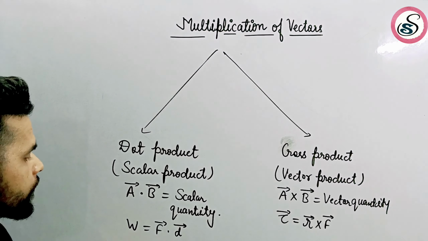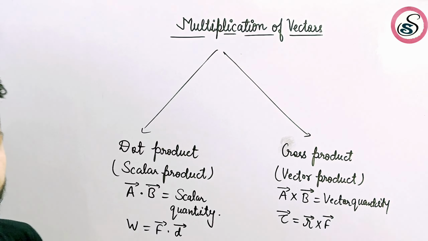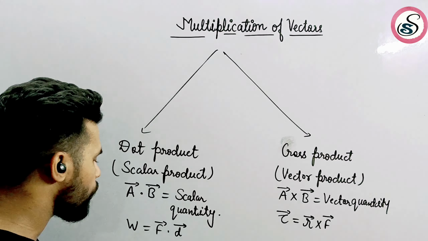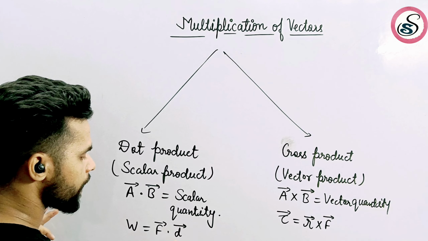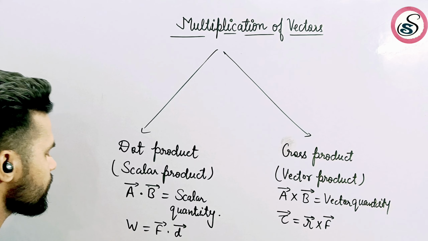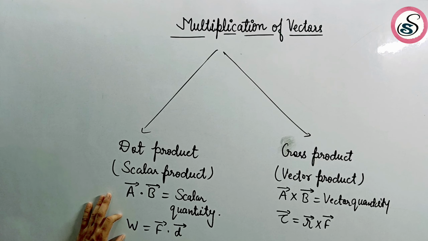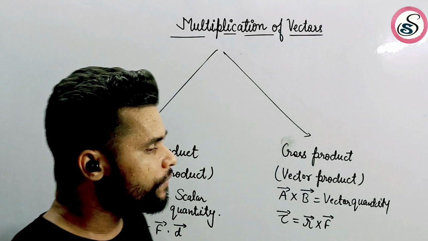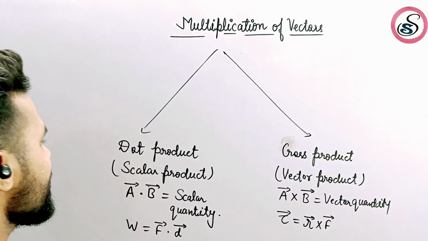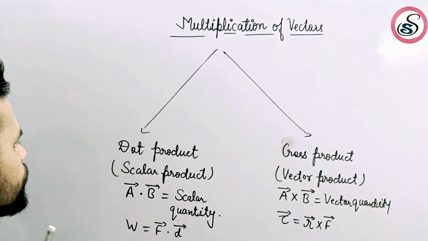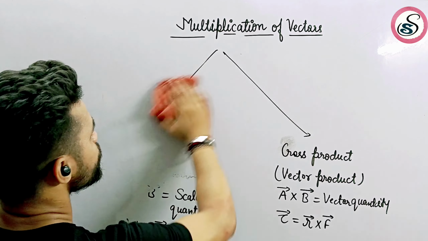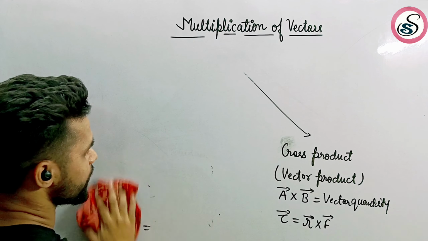Here force and displacement both are vector quantities, but when we find their dot product, the result is scalar, and that quantity is work done. Today we will discuss only dot product in detail.